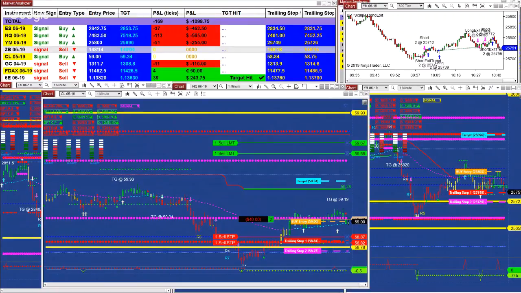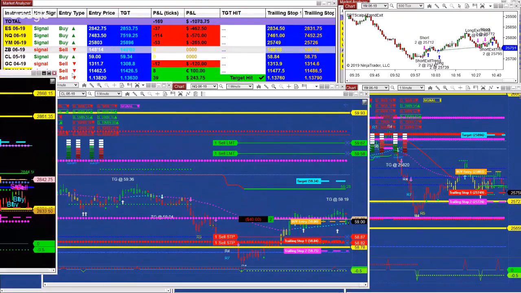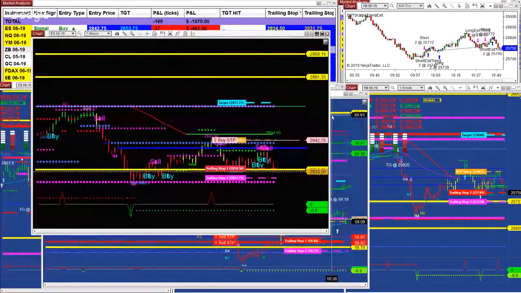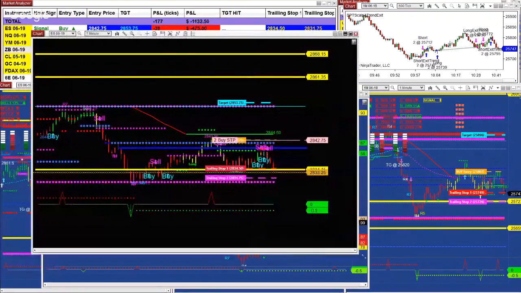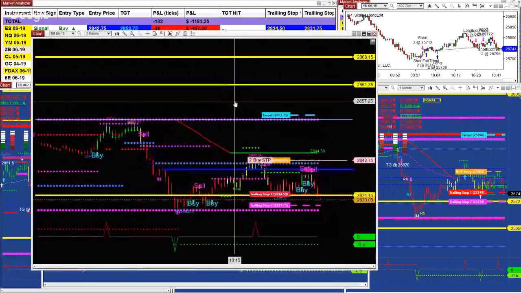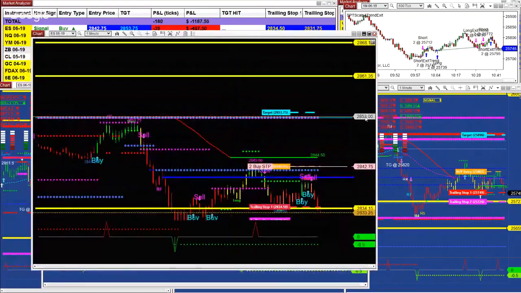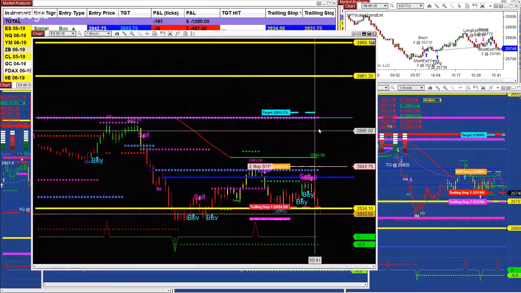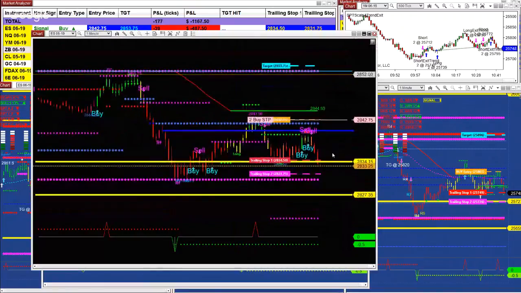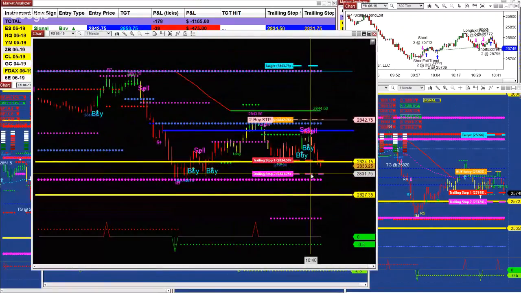Here is the problem with the ES. Let me explain a little bit. There is a pullback re-entry, but there is no short. The reason is now we are coming to the re-entry point, actually, the trailing stop. The trailing stop two is the floor fibs.